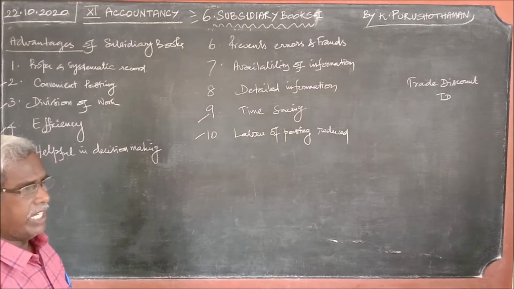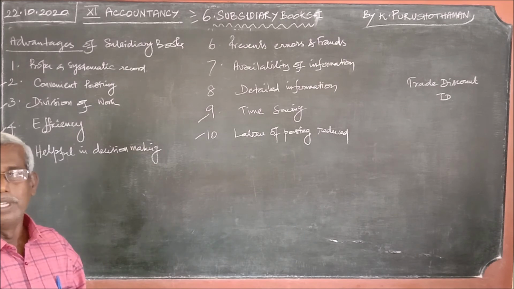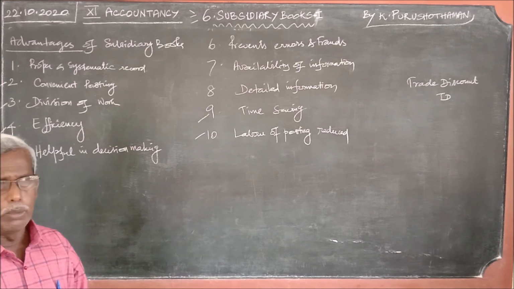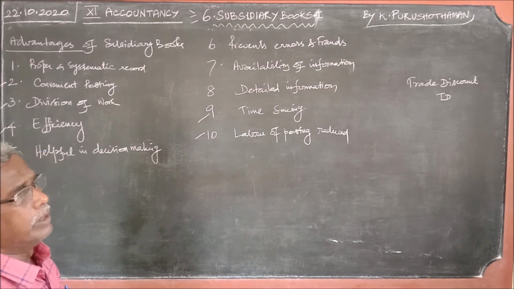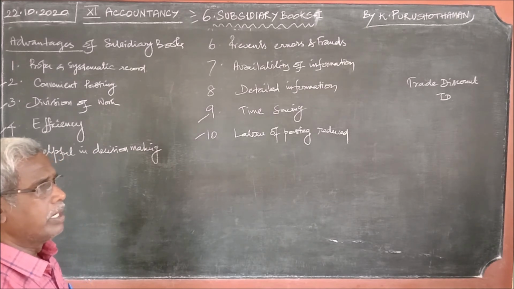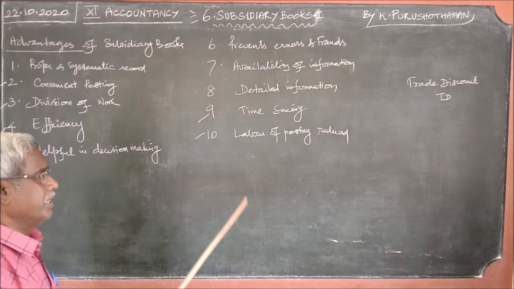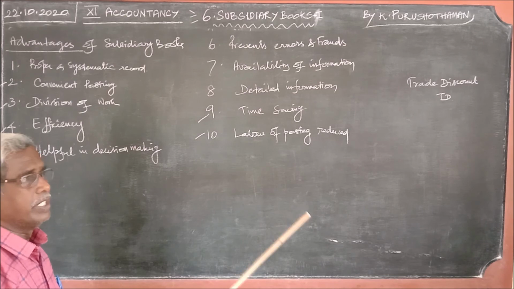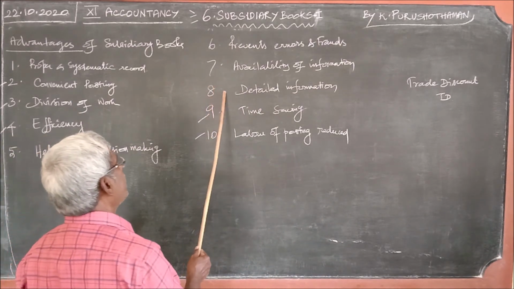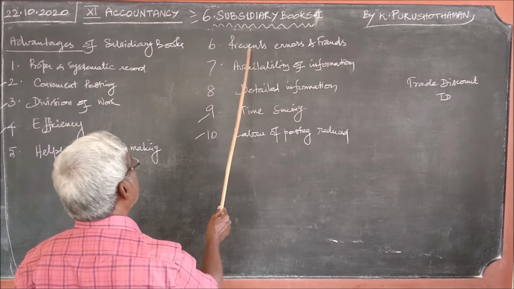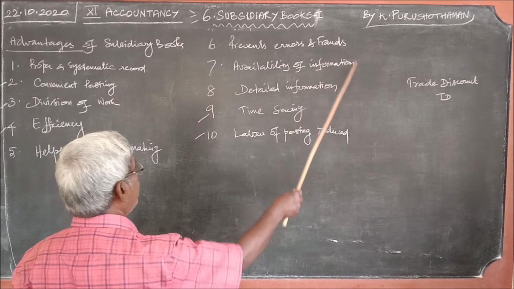If you do different types of jobs, there are possibilities of committing mistakes or errors. In this, the same type of work is done by the workers, and because of that, the errors and the frauds are prevented. So these are the 10 advantages given.